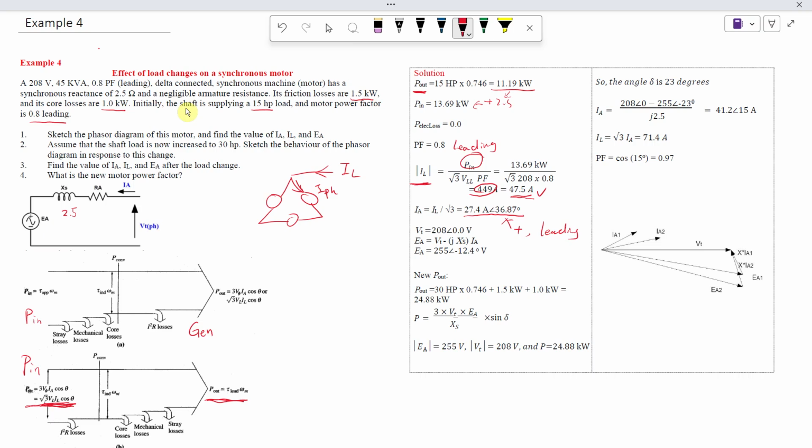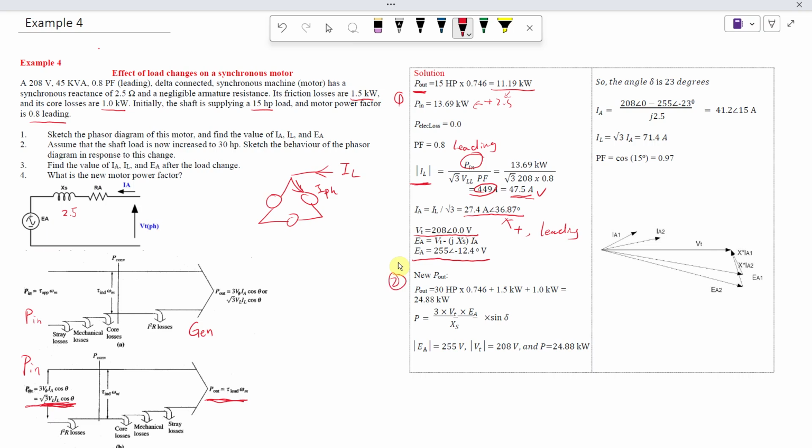Now we always assume the terminal voltage as the reference, at 0 degrees, and the current goes this way. This gives a voltage drop. The terminal voltage minus the drop equals EA. If you plug in the numbers, you get EA equal to this value. So that's part 1.